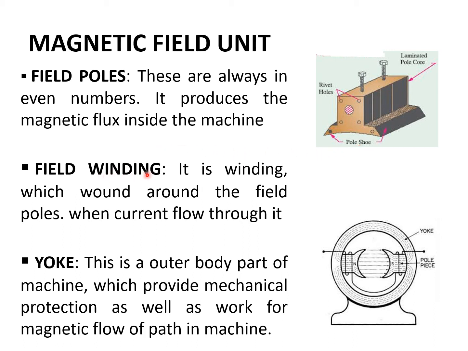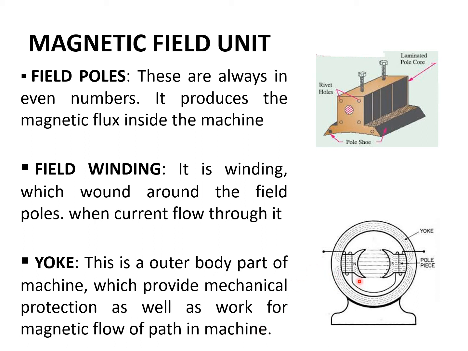Field windings are wound around the field poles when current flows through them. The yoke is the outer part of the body, which provides mechanical protection as well as the path for magnetic flow in the machine.